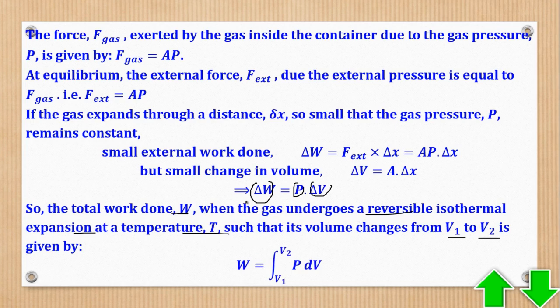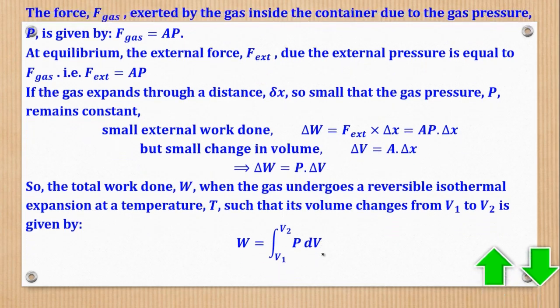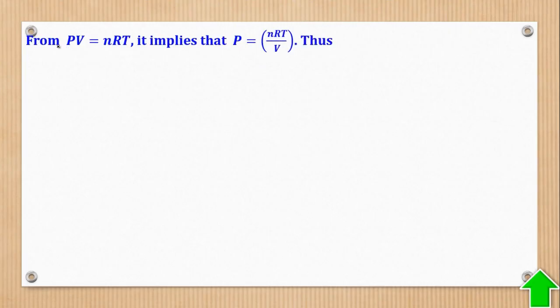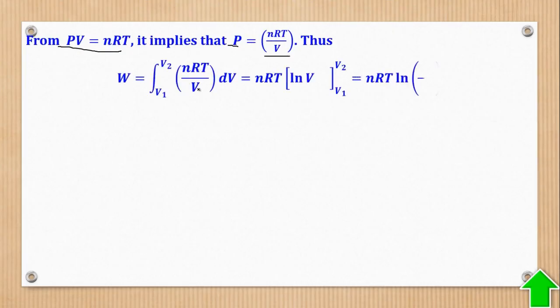So this was small work done, but when we come to total work done, we put now integration from V1 to V2 of P, then delta V becomes dV. So now we need to integrate. We shall remember that from PV equal to nRT, P is equal to nRT over V. Therefore, work done is equal to nRT over V dV.